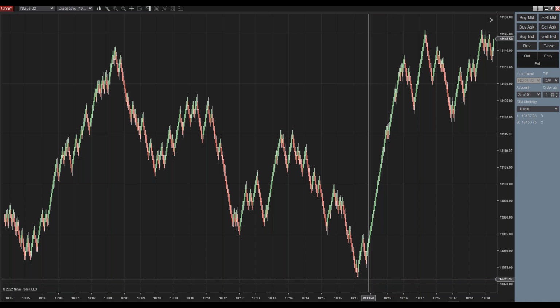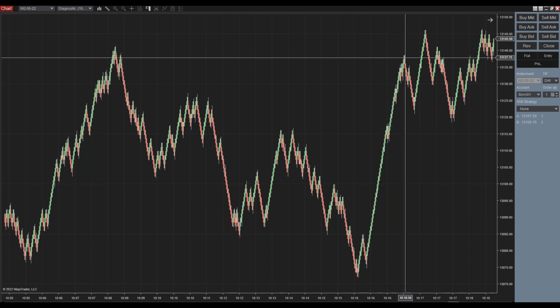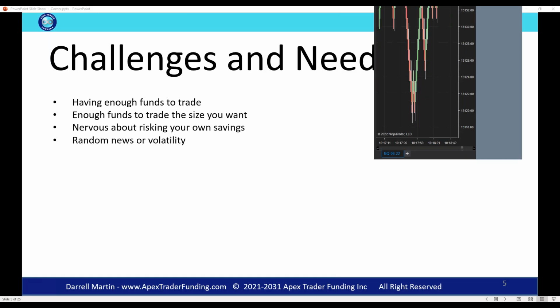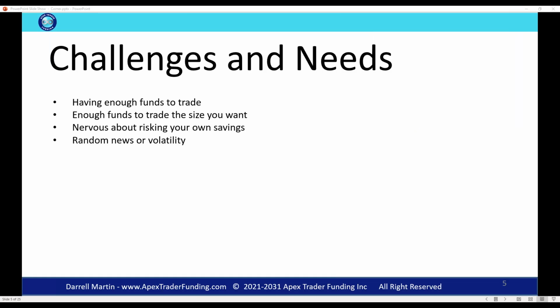This way over here is still 10:16, like 250 ticks. That gets a little nerve-wracking to risk it all. What's the other thing that happens when the market is volatile and crazy like this? Margin can change. Suddenly you had enough in there to trade a few contracts, then suddenly you don't, because the margins go way up.